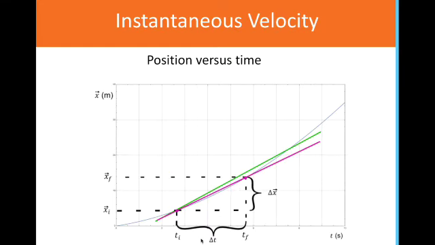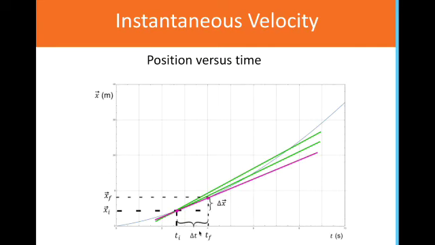Then the displacement becomes smaller as we're moving closer, but the change in time also becomes smaller, and this is the line we get through this point, this purple line. Let's keep that line in green, and then we choose another point, a little bit closer. That gives you a smaller displacement, as well as a smaller change in time, and once again we have the purple line.